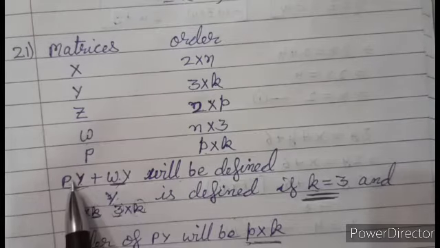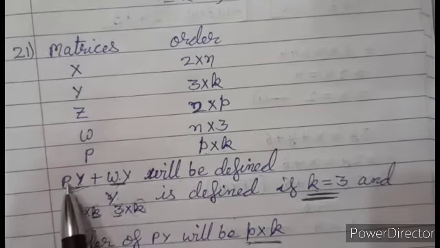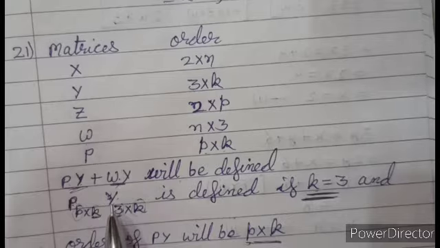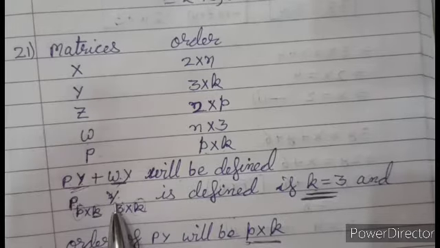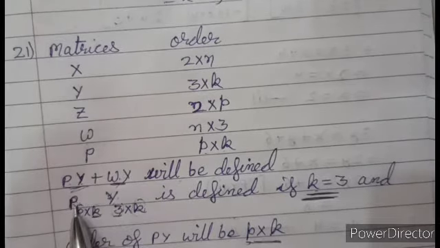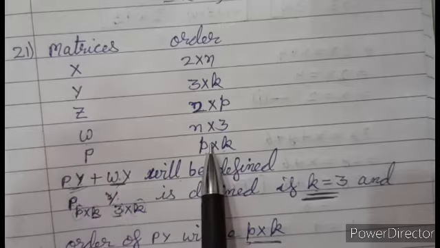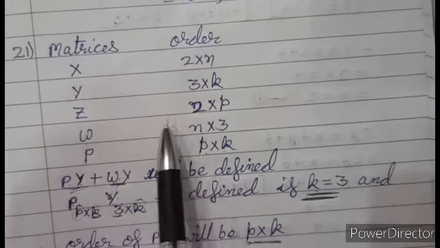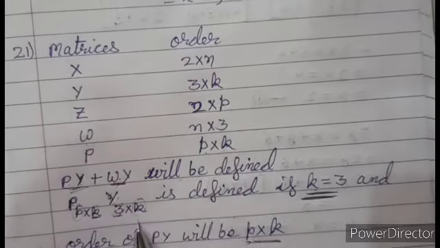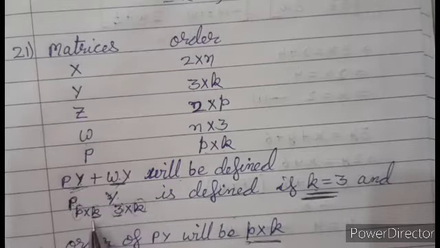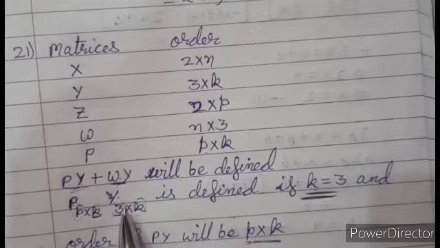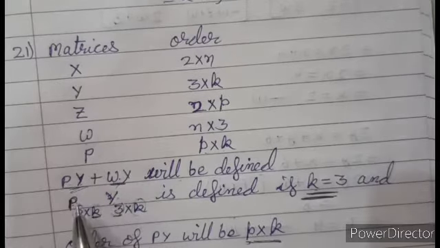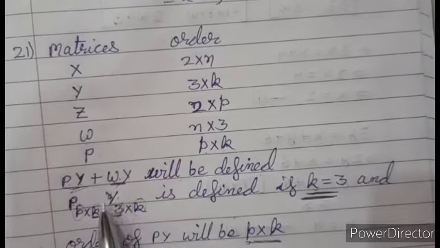PY is well defined if the number of columns of P is equal to the number of rows of Y. Here matrix P is of order p by k and matrix Y is of order 3 by k. Now here the number of columns of P should be equal to the number of rows of Y. Then only we can find the product PY.